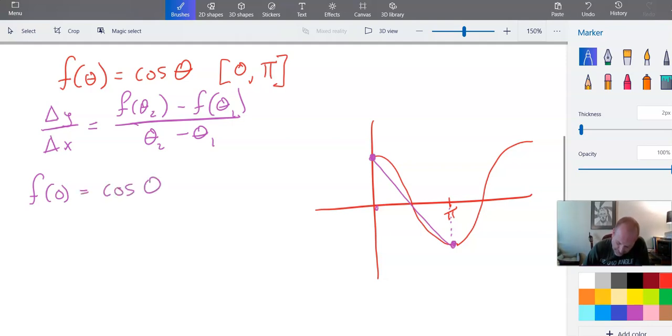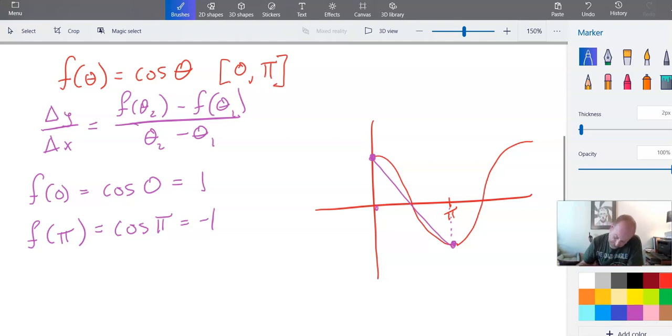which is cosine 0. And cosine of 0, we can actually just see it from here as 1. Right? And then I need f of pi, right? That's f of theta 2. And if we look at here, we can remember that cosine pi is -1. Okay, so that makes things a little bit nicer. Now we can start playing with this stuff. So that means we need f of theta 2 minus f of theta 1.